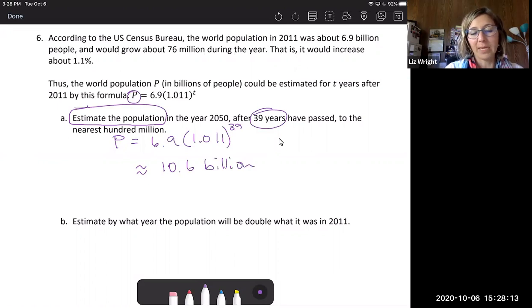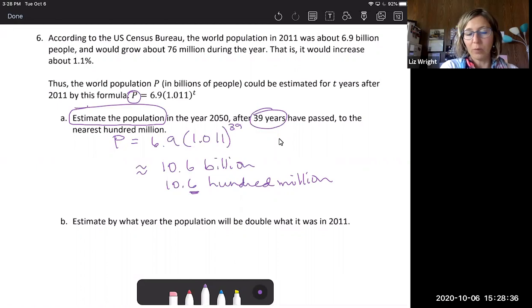But 10.6 billion, you can also call that 10.6 hundred million. And the reason for that is because where it says a 10th of a billion here, so here we have a 10th of a billion, 10.6 is already to the nearest 100 million.